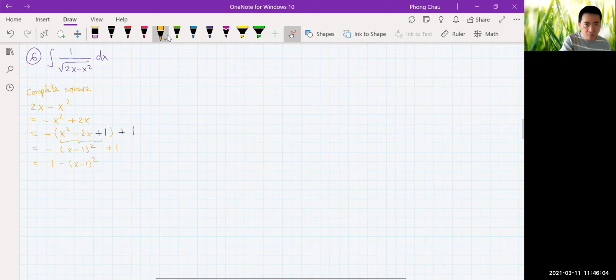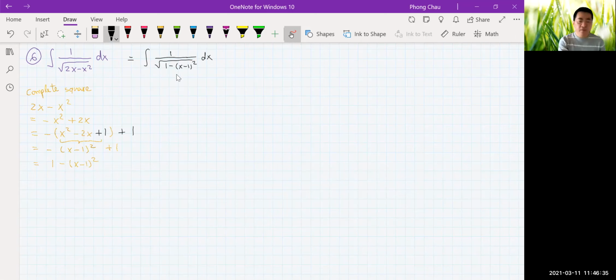So when I rewrite it, this is now the integral of 1 over the square root of 1 minus the quantity x minus 1 squared, dx.